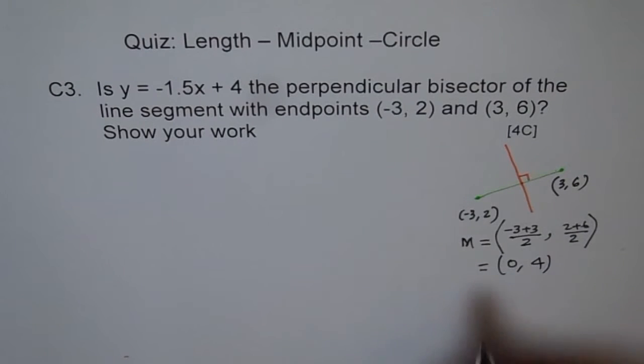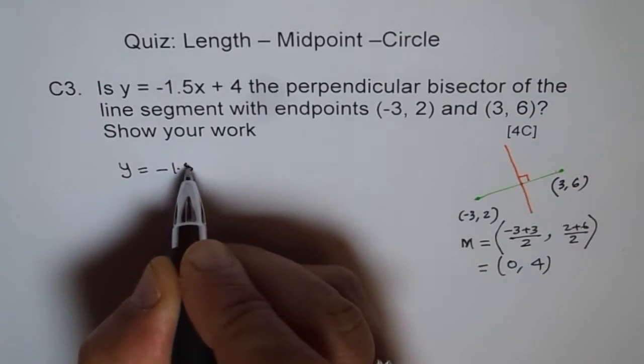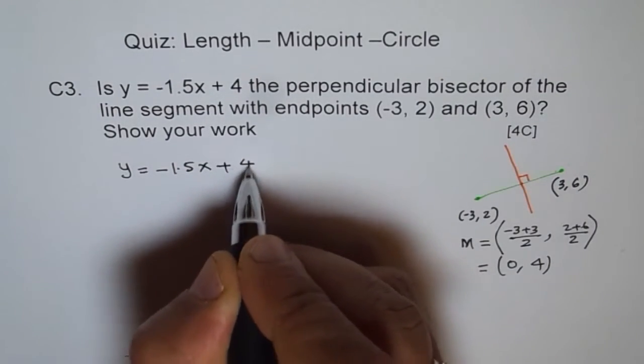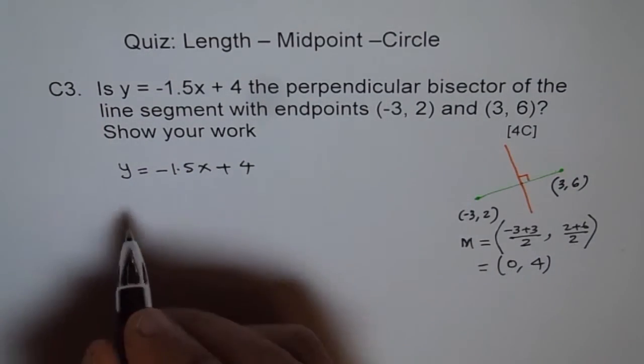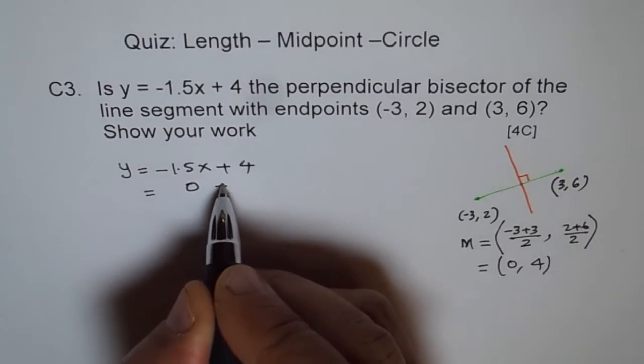So we have to check if the midpoint (0, 4) lies on our equation y equals minus 1.5x plus 4 or not. Let's check that part. We are given the equation y equals minus 1.5x plus 4, and if I write x equals 0, what do I get for y? If I write 0, then this becomes 0 plus 4.